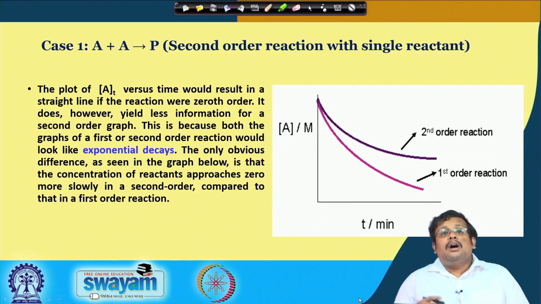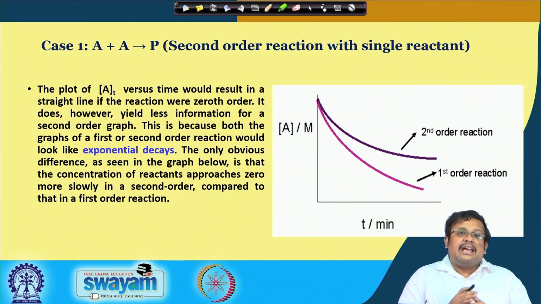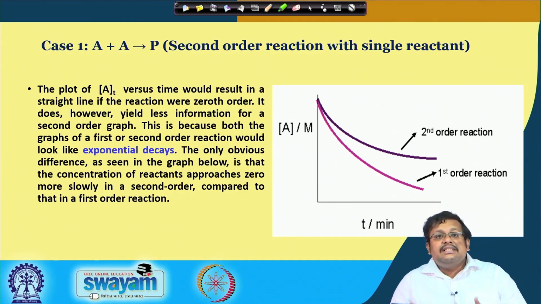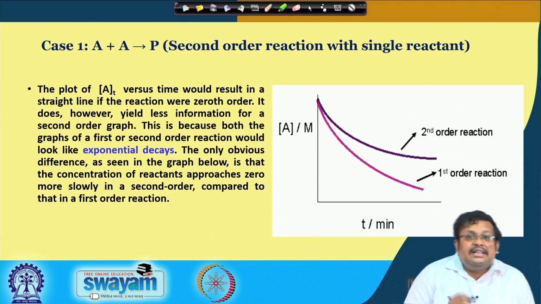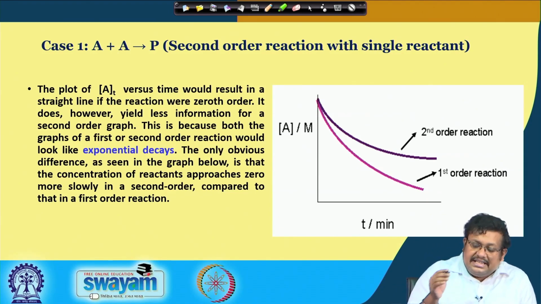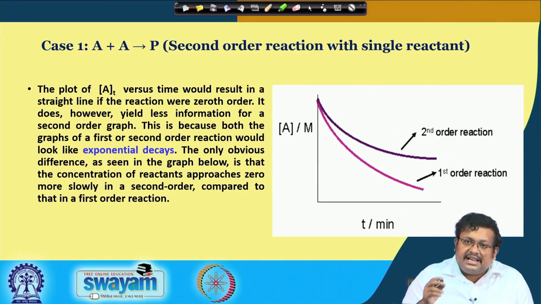Now, the plot of [A]t versus time would result in a straight line if the reaction were zeroth order. So, if we plot [A]t versus t, we will get a straight line for a zeroth order reaction. It does, however, yield less information.